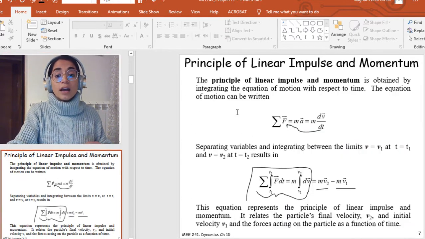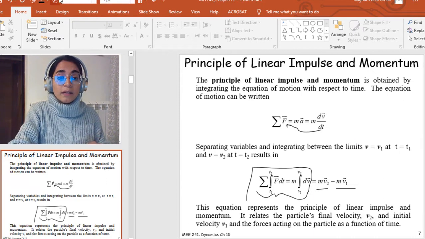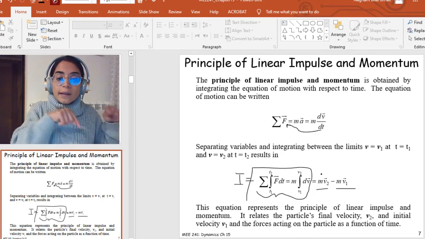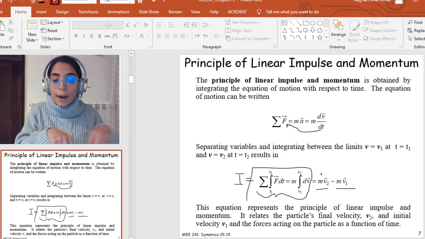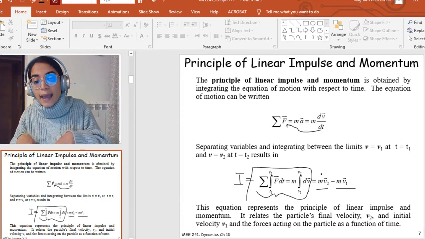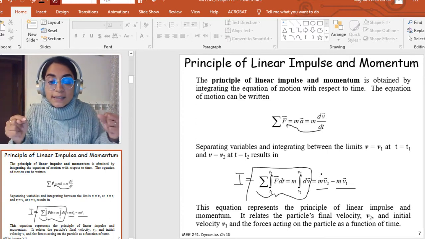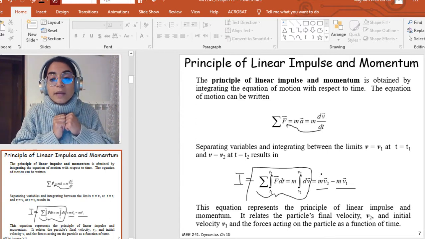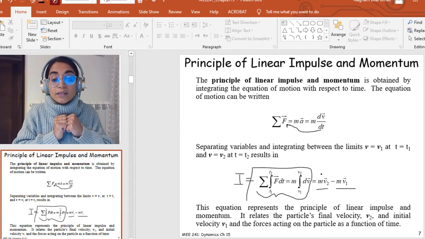All right? So guys, this means that the linear impulse, whose symbol is I, is equal to the linear momentum at state 2 minus the linear momentum at state 1, which means it's equal to the difference in momentum between state 2 and 1.